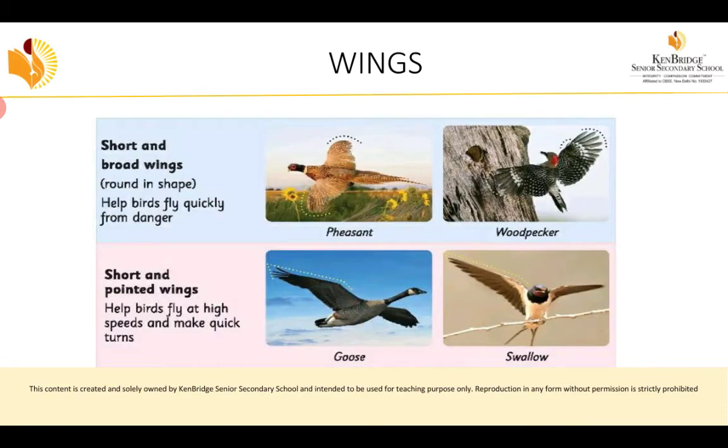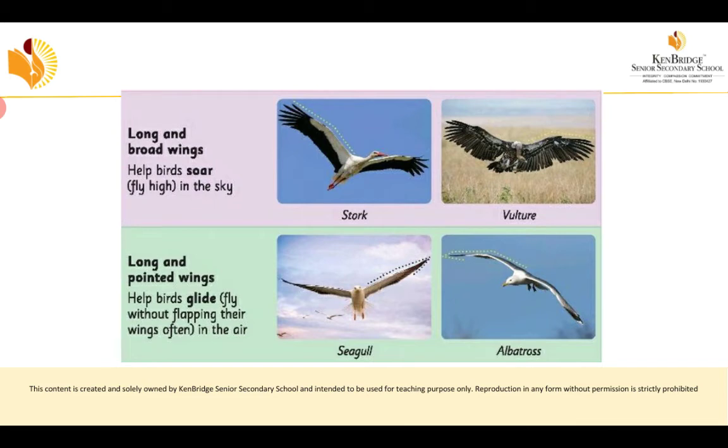One is short and broad. Then the second one, short and pointed wings. Third one, long and broad wings, and long and pointed wings. So we have seen the 4 types of wings.